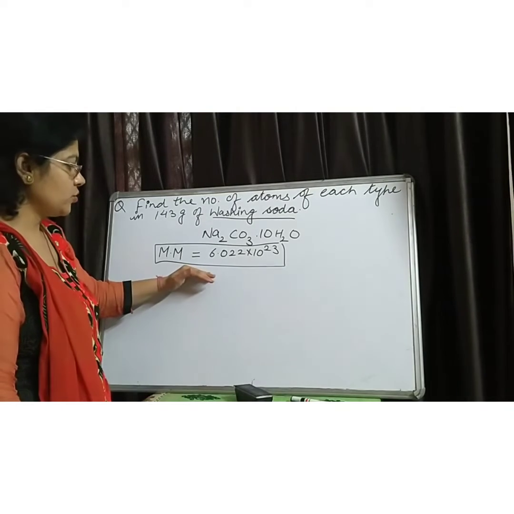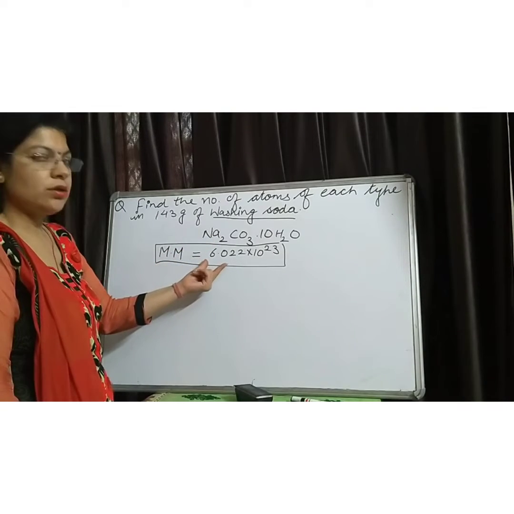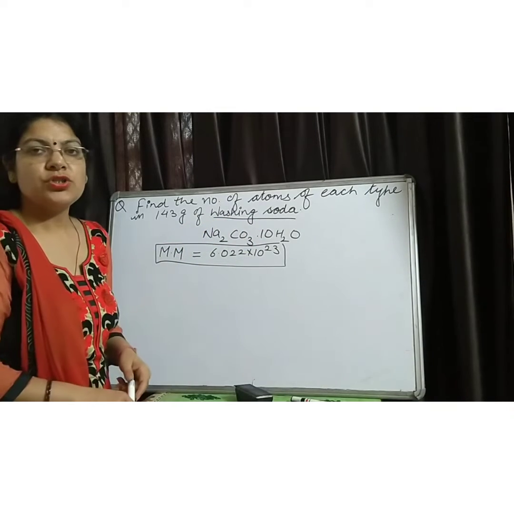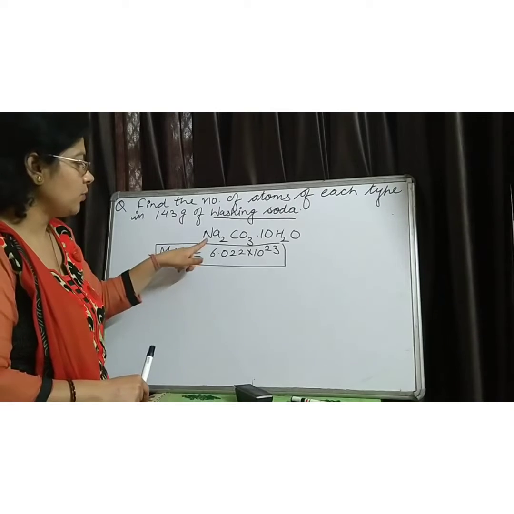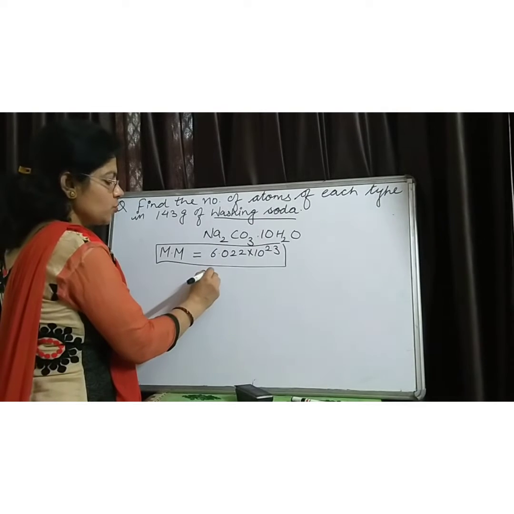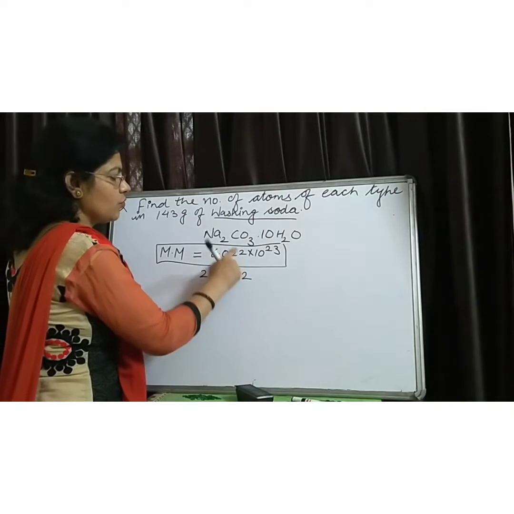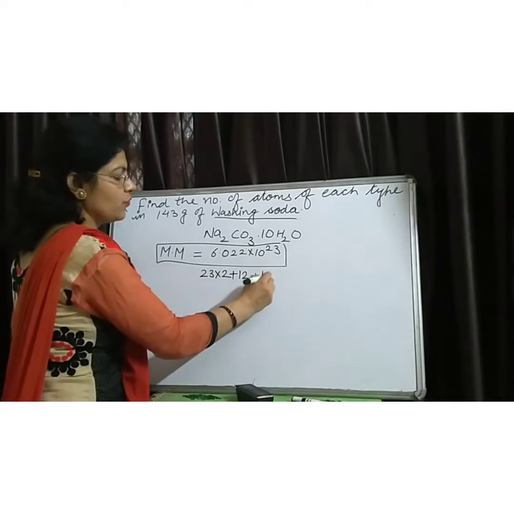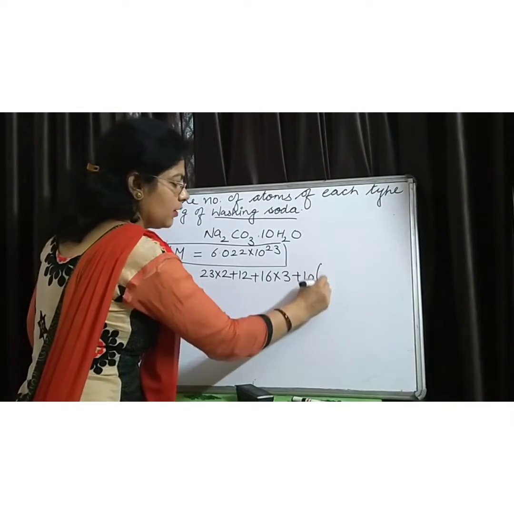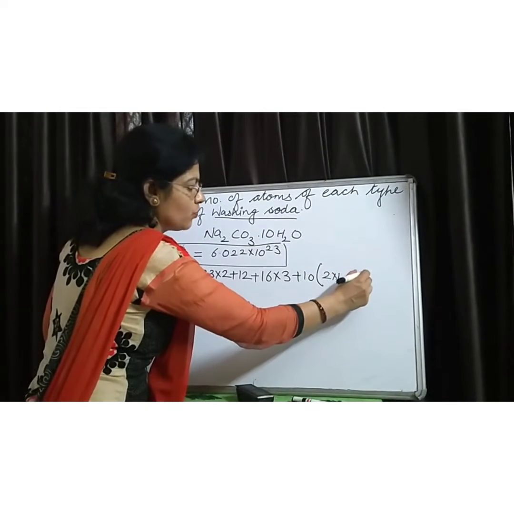So for this, first of all we have to calculate its molar mass, because in this question molar mass is used and we don't know the molar mass of the washing soda. So let us calculate. The mass of sodium is 23, number of sodium are 2, plus mass of carbon 12, plus mass of oxygen 16 into number of oxygen, plus 10 into mass of hydrogen, number of hydrogen, plus mass of oxygen.